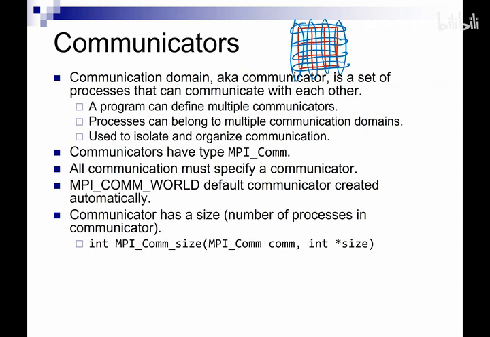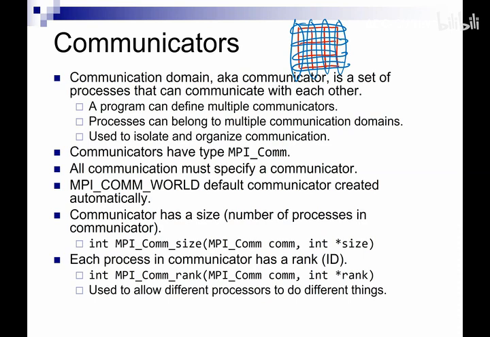Communicators have sizes. If you take a communicator and call MPI_Comm_size, you get back the size of that communicator in the variable size. Within each communicator, each process has a rank.